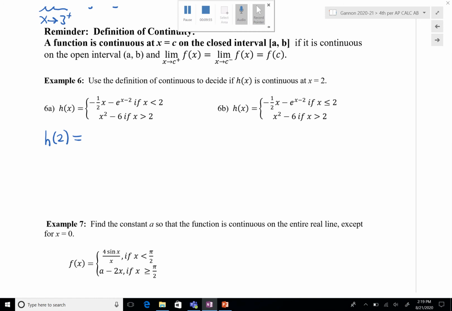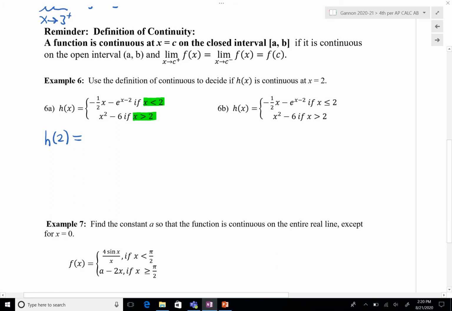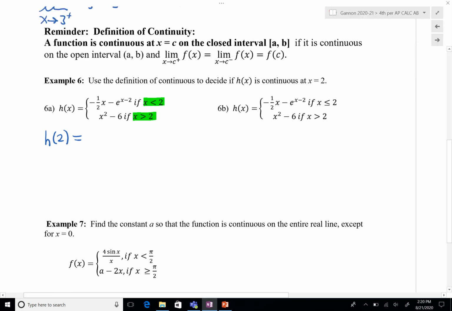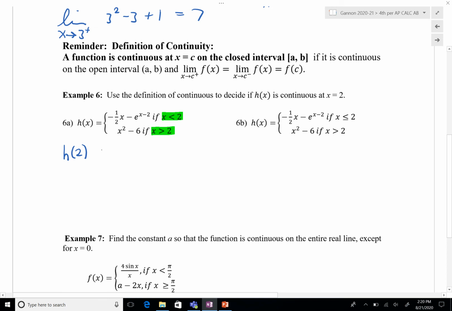Well, if you take a look here, you have one restriction that says x is less than 2. You have another restriction that says x is greater than 2. Nowhere is there an equal sign. So that means that h of 2 is undefined. And if a function is undefined at a point, the function cannot be continuous at that point.